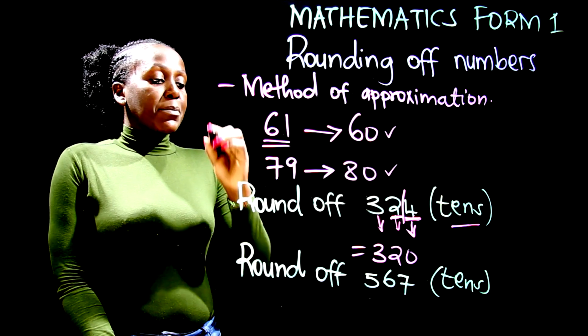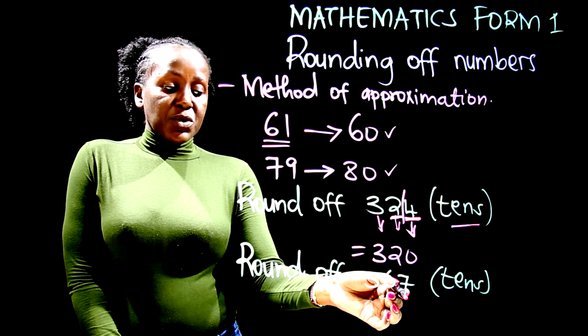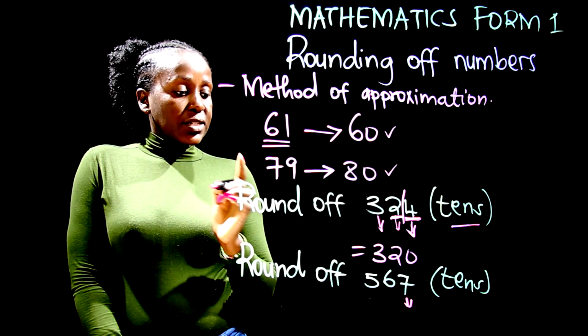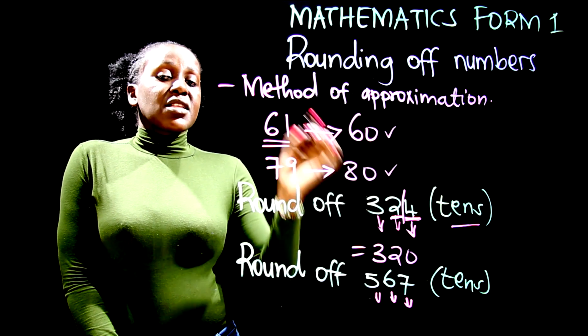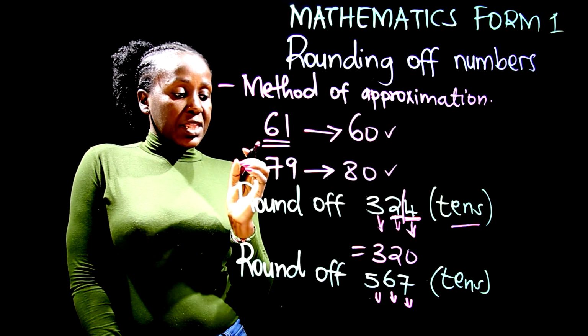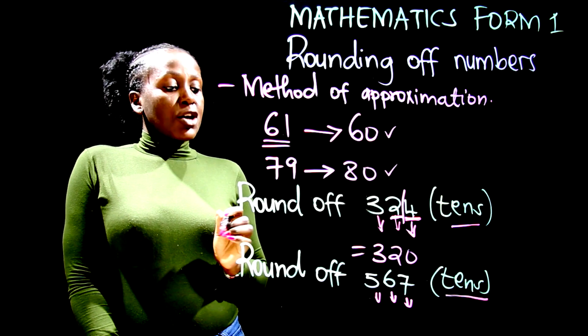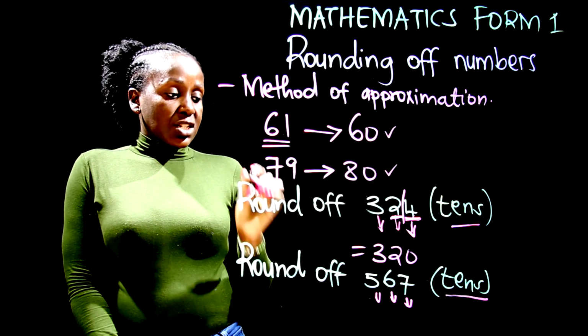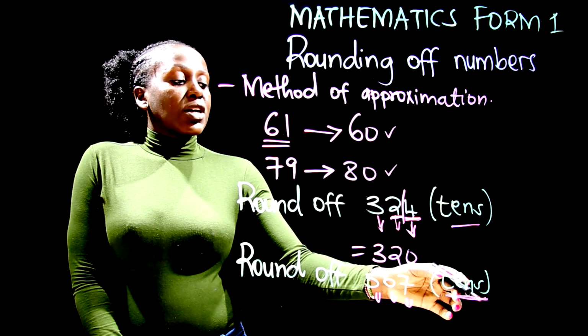First, identify the place values of all the digits. Ones is 7, tens is 6, and hundreds is 5. Then we are supposed to round off to the nearest tens, so we identify the digit that has a place value of tens.